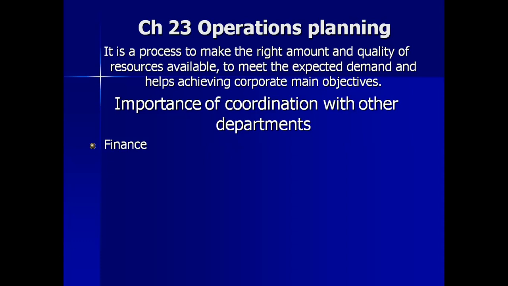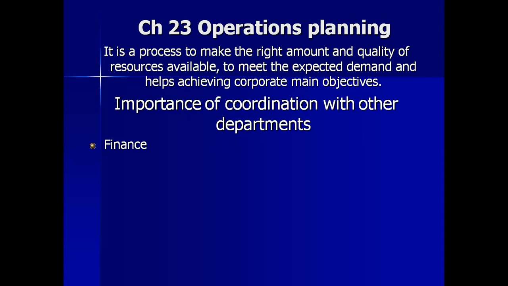Let's say they want to buy new machinery because the old machinery is not working well, for example, or it has broken down and a lot of cost is involved in repairing it. So the idea is to buy a new one, so that there will be lower repair cost, because there will be less wear and tear if the machine is new. For that, you need to take the finance department into confidence, because who is going to release the funds to buy that machinery?